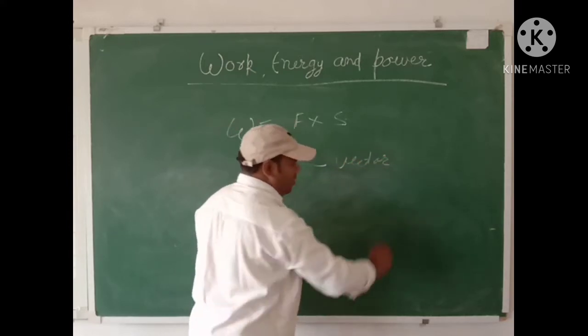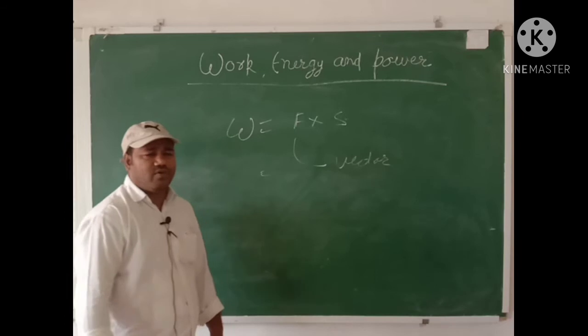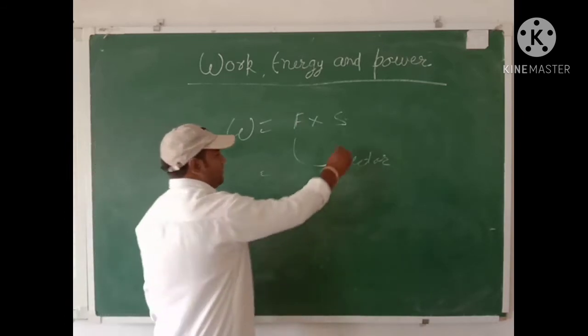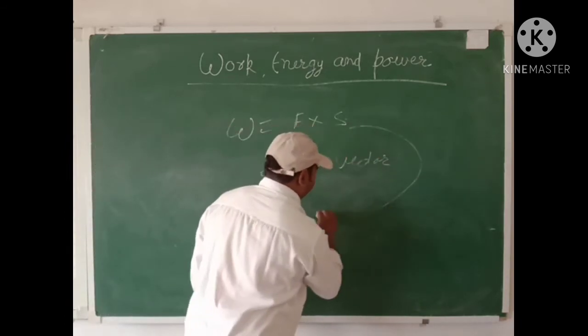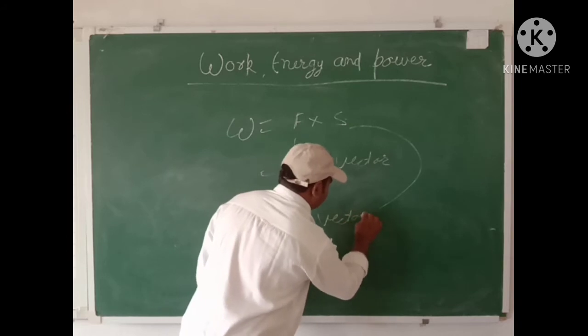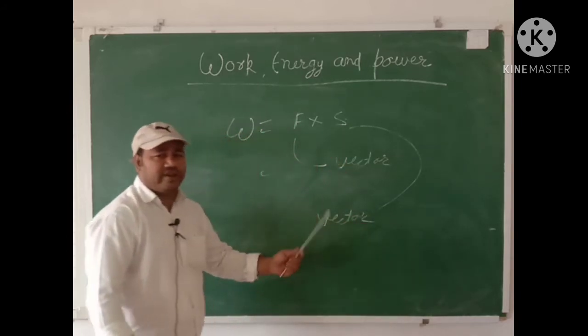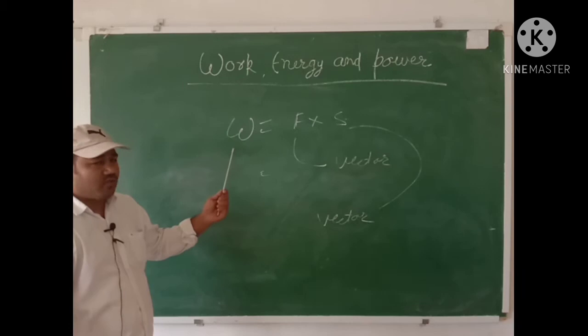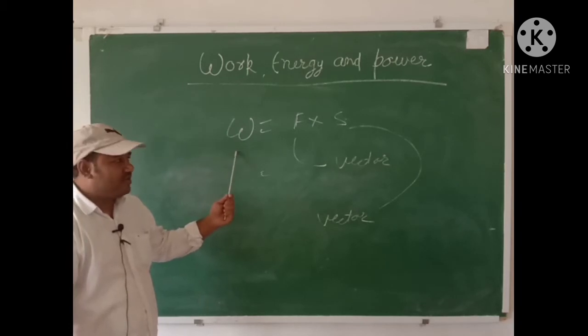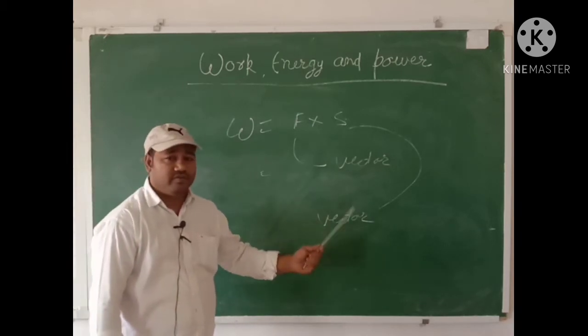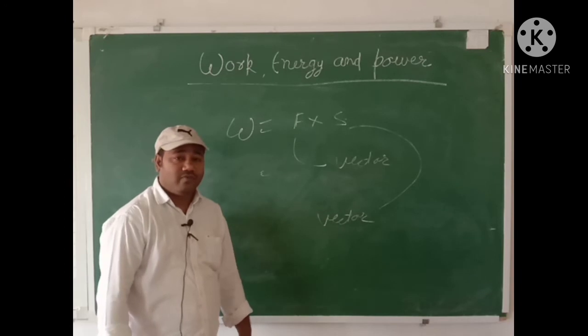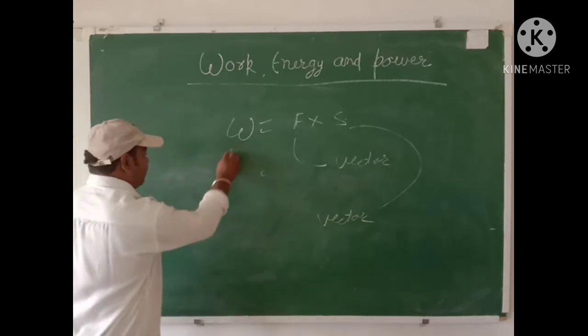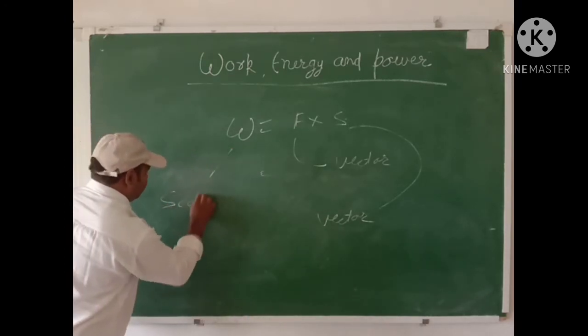Because it has magnitude and direction both. Displacement is also a vector quantity, because it has magnitude and direction both. But what about work? Work is not a vector quantity. Work is a scalar quantity.